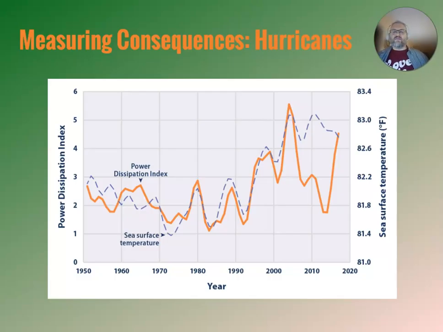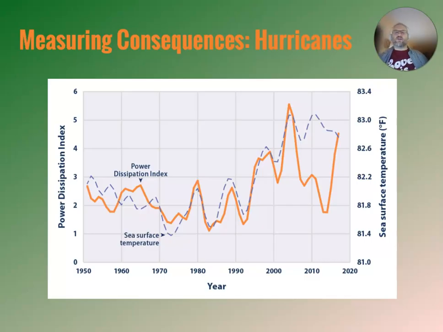The power dissipation index, a measurement of how strong the hurricanes are, the amount of energy in our hurricanes each year. So if we look at our historical reconstruction of the power dissipation index, we do see a trend. We see an increasing trend in power dissipation index of hurricanes, and that seems to track pretty well with our sea surface temperatures.